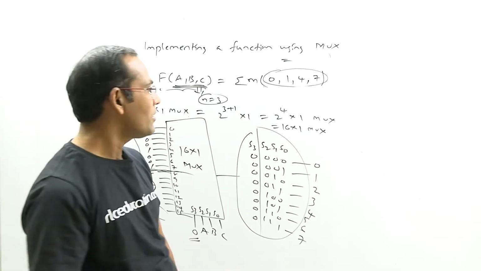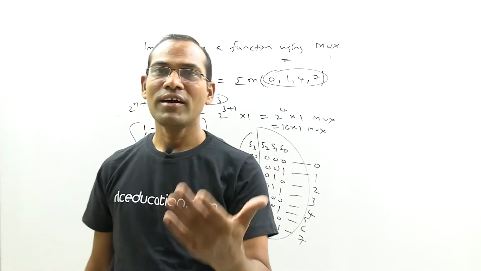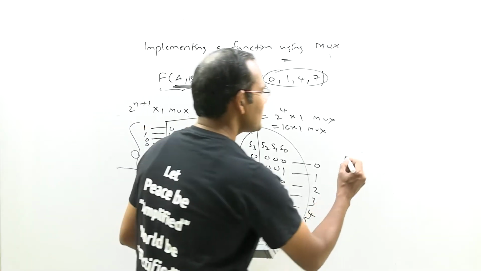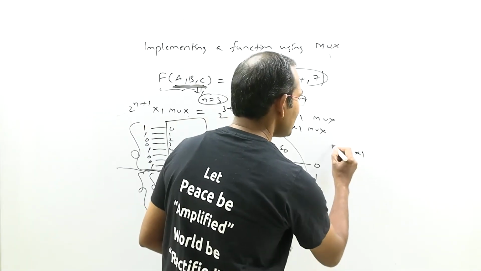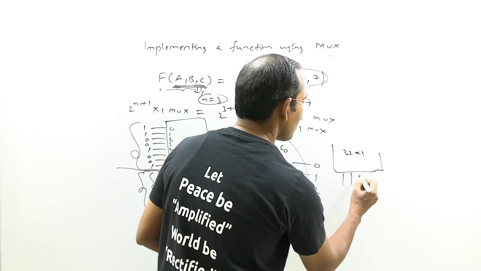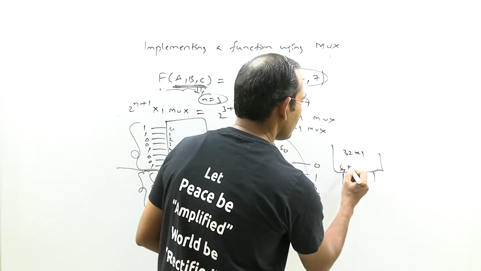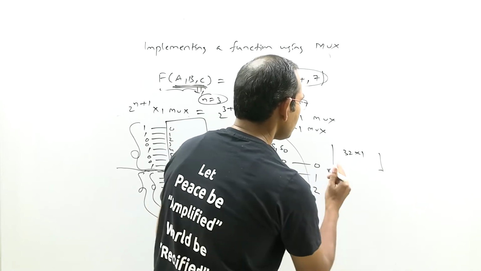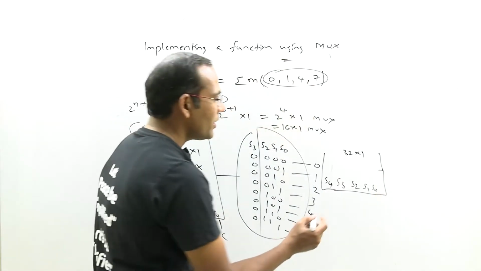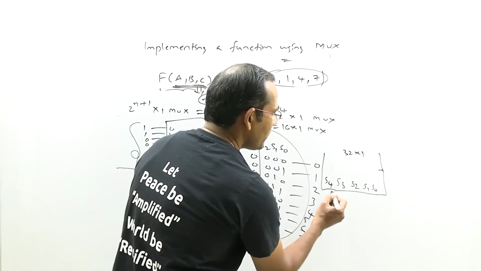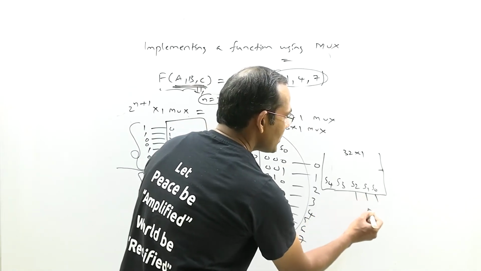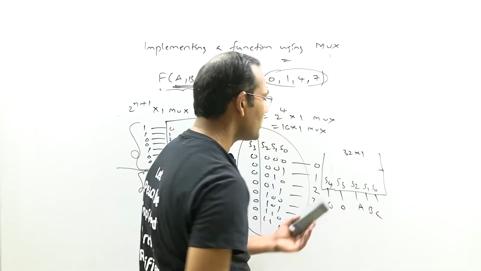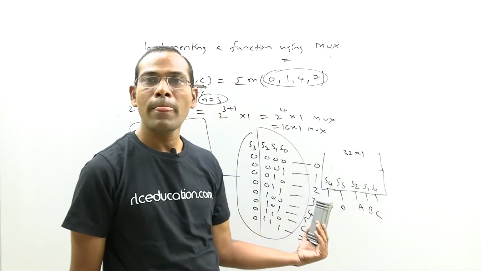That's all. Suppose even if you go for a 32 by 1 mux, 32 by 1 mux means here 5 selection terminals will be there. S2, S1, S0 will be ABC, and maintain these at 0, that is S3, S4 will be 0.